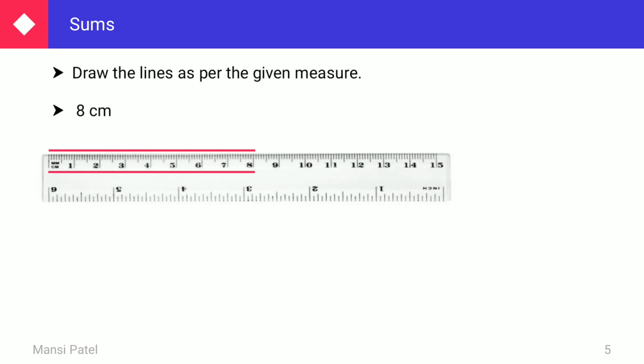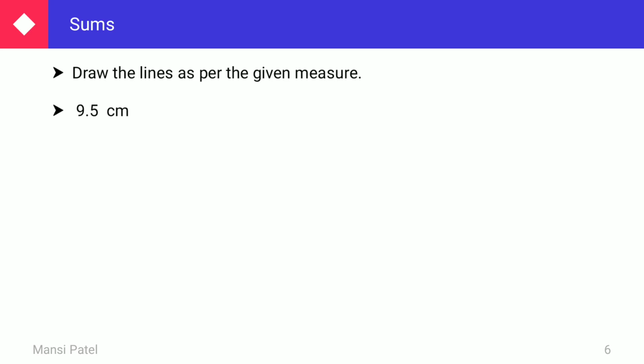And the last point is that your starting point should be 0. This is the line of 8 centimeter. Now again draw the line as per the given measurement, and here the measurement is 9.5 centimeter.